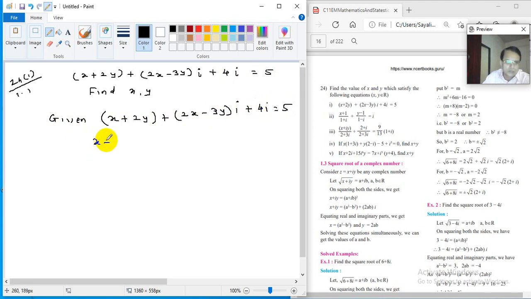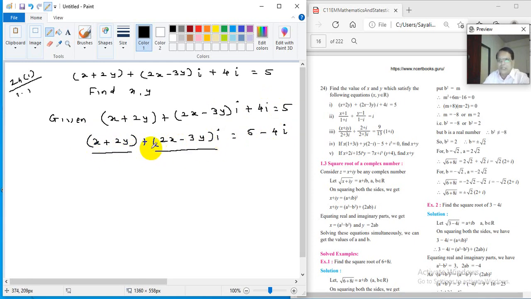It means x plus 2y plus (2x minus 3y) into i, we can take this 4i on the right hand side, so it will be 5 minus 4i. Now you have this real number, this is real part, this is imaginary part. So on left hand side we have one complex number, on right hand side also a complex number, and they are equal. When are two complex numbers equal? When their real parts are equal and imaginary parts are equal. So here real part is x plus 2y.